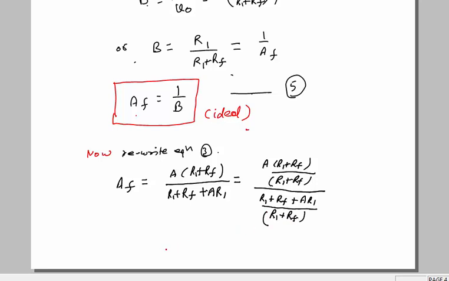So what we will get here is A upon (R1 plus RF plus AR1) divided by (R1 plus RF). This also can be broken into two parts.